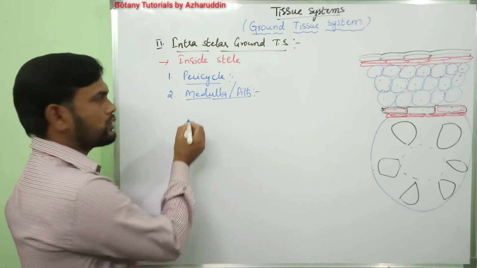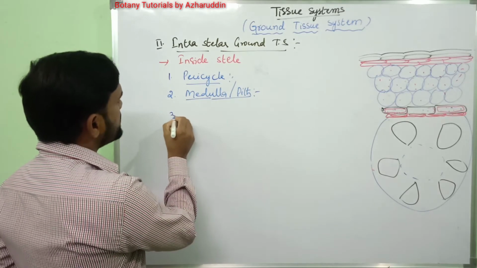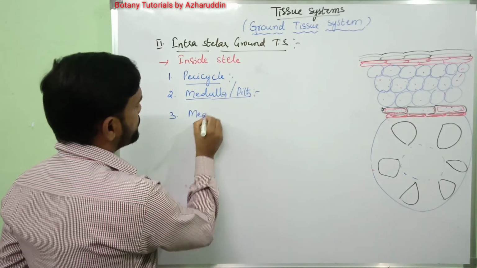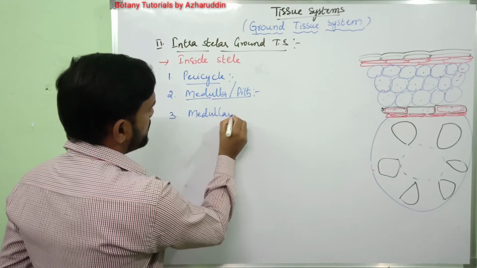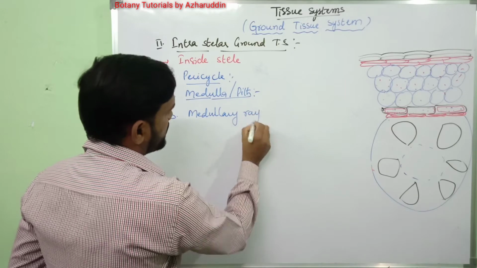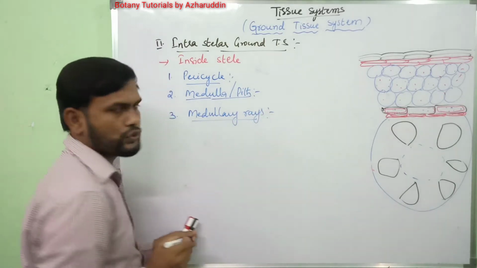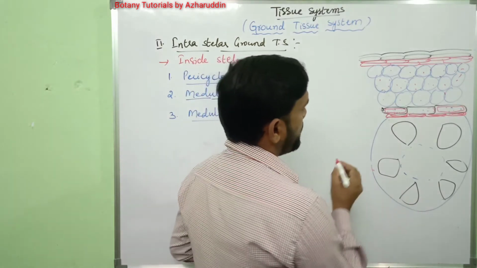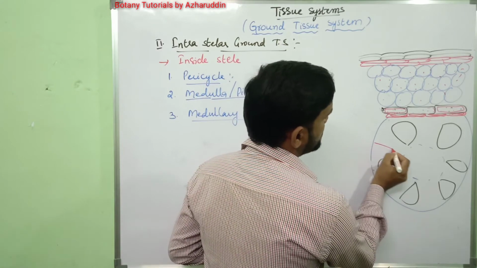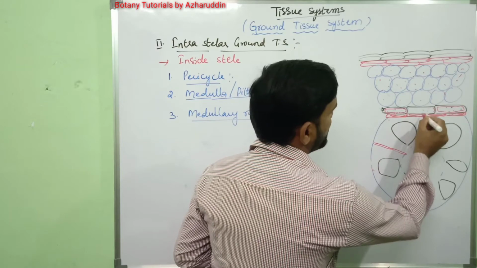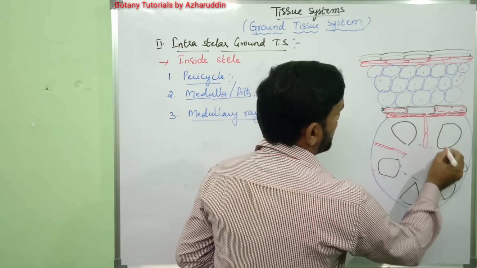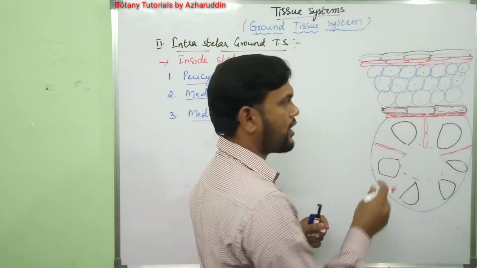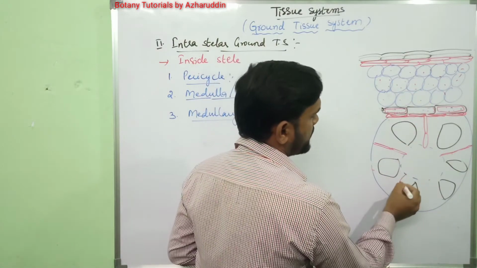Next, coming to the third intrastellar ground tissue, that is medullary rays. Medullary rays are the ground tissues present between the vascular bundles. They extend from medulla to cortex or medulla to pericycle.